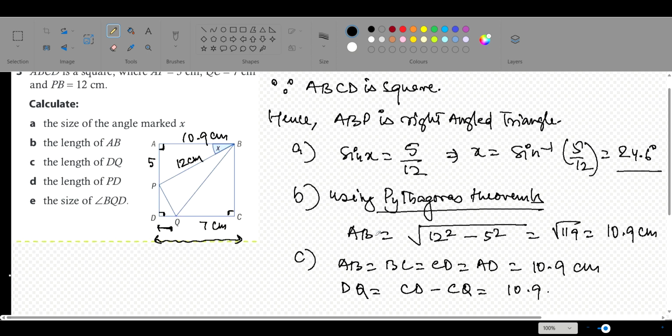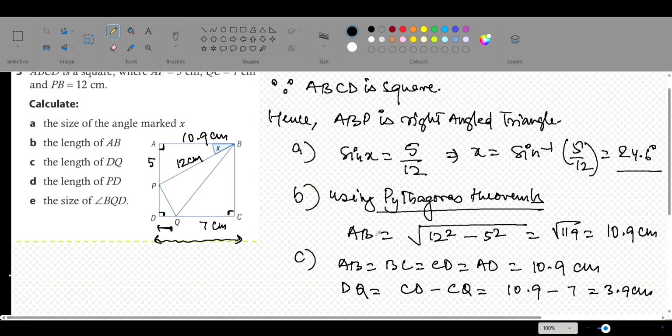CD, which is 10.9, minus CQ, which is 7, which is 3.9 centimeter. So DQ is 3.9 centimeter. Yes? Are you getting this? Yeah.